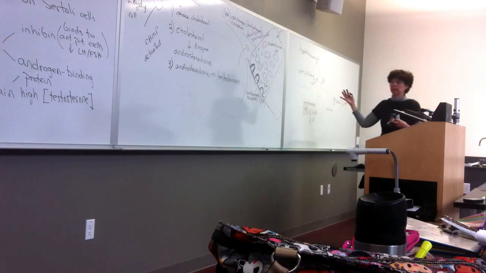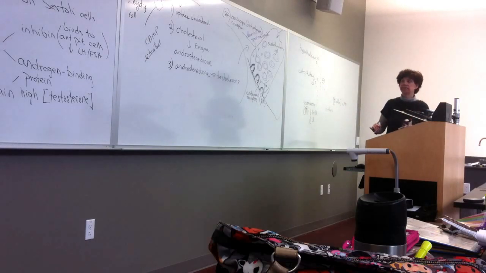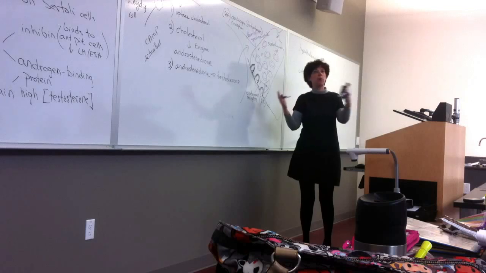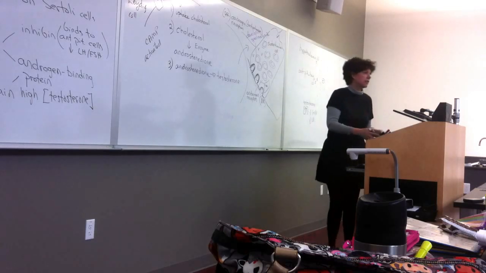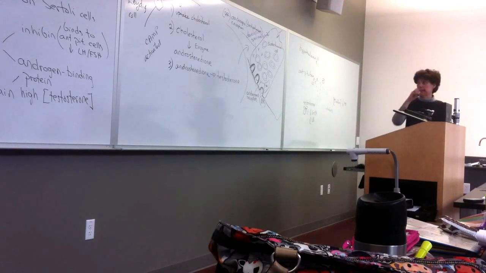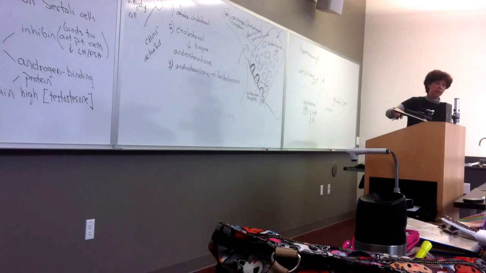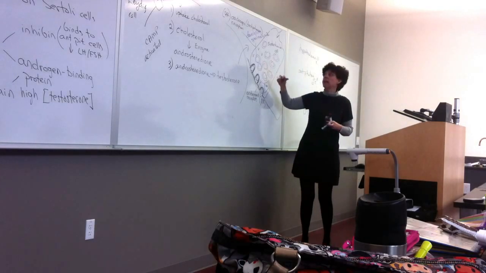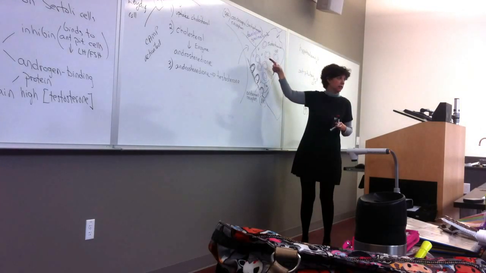They separate from there. Now, there's a lot of argument sometimes about which direct functions sustentacular cells have versus what the testosterone component is. Sertoli cells provide this environment. They provide the nutrients to the developing spermatocytes.